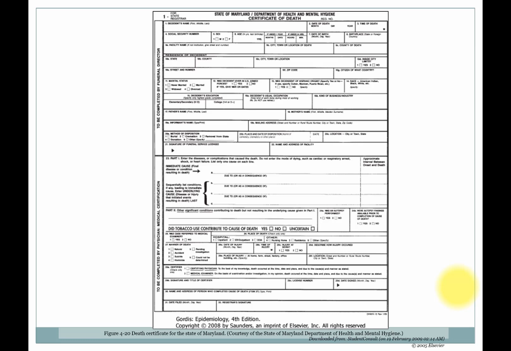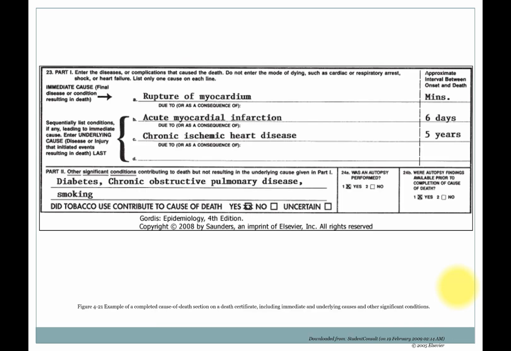Here's a death certificate for the state of Maryland. You can see a more detailed picture inside your text. I believe it's on page 74. And again, here you can see how the deaths are coded according to the underlying cause of death. Notice that the true cause of death is shown on line C, right here: chronic ischemic heart disease.